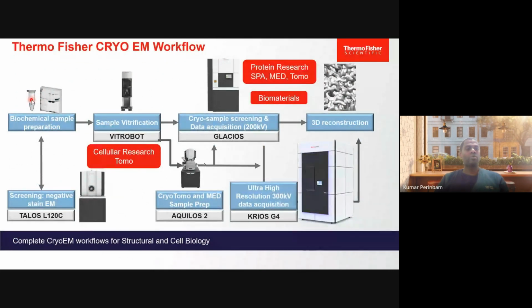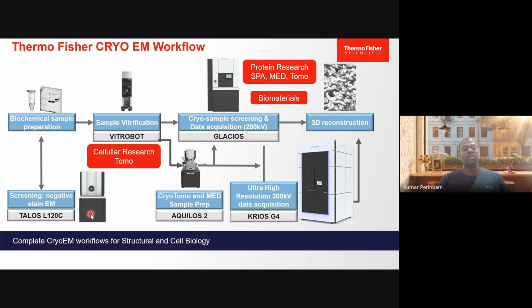So this is the general workflow. You have the protein purified or biological sample purified. In this case, from now on, I'll just stick with protein. If you have the purified protein, you run the SDS gel, and then you screen it or just load it in the Talos L120C, which is a smaller version of electron microscope. Then you can monitor it, and then you vitrify it again.